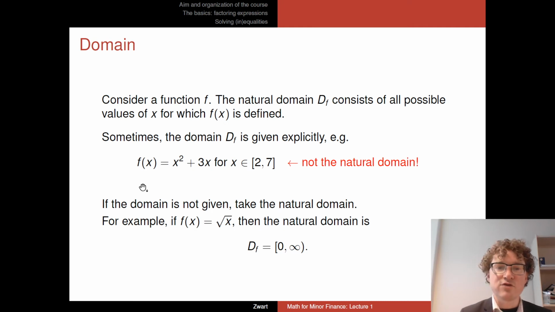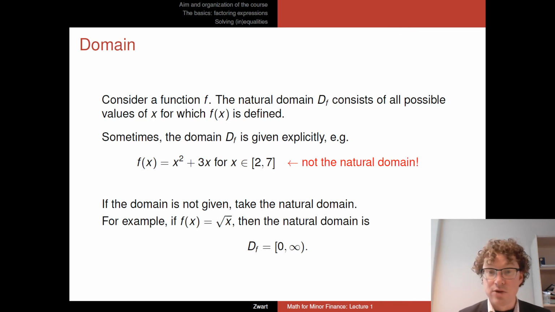So if the domain for a function is not given in an exercise, typically what we mean is the natural domain, any allowed number. So for this particular function, any real number is allowed. Well, that's not the same for any function. So consider, for instance, the function f(x) is the square root of x. That's also a function, but of course, in a square root, you cannot plug in any negative numbers.